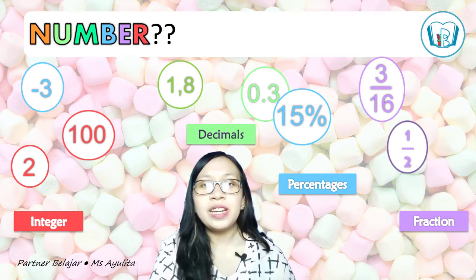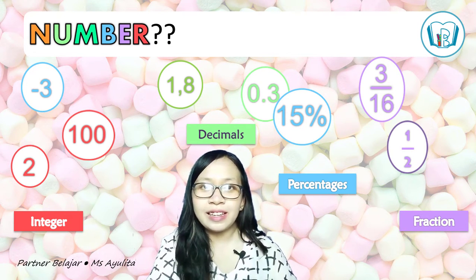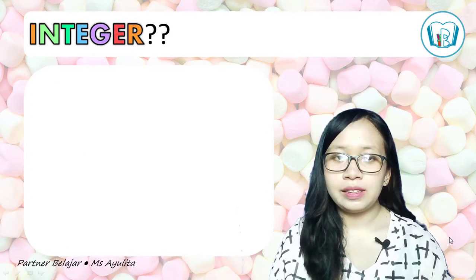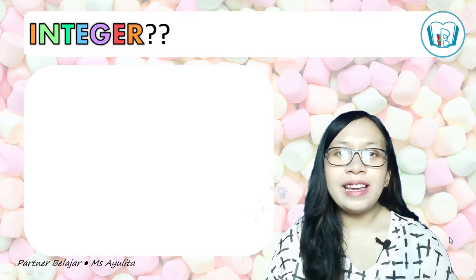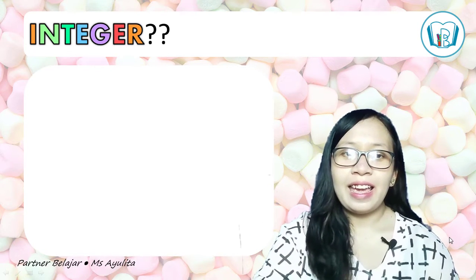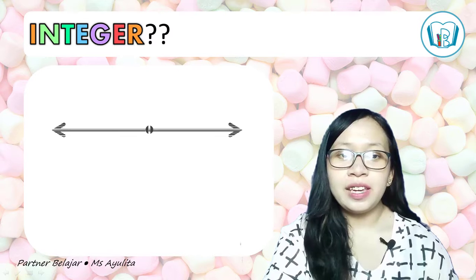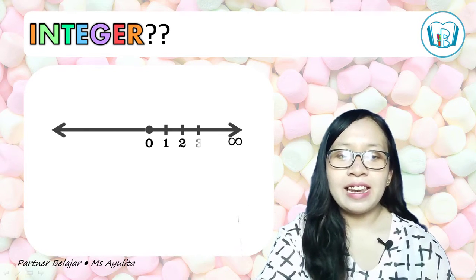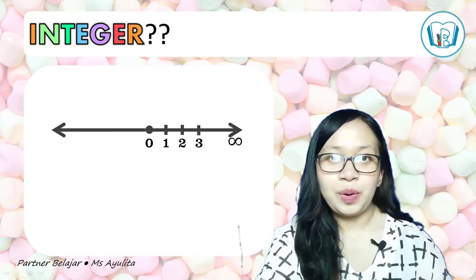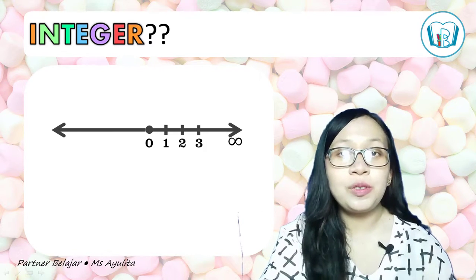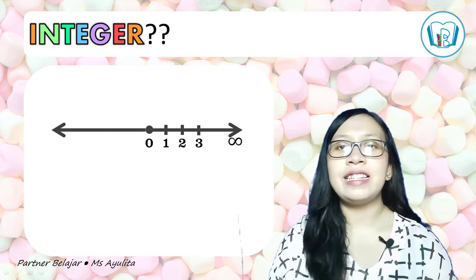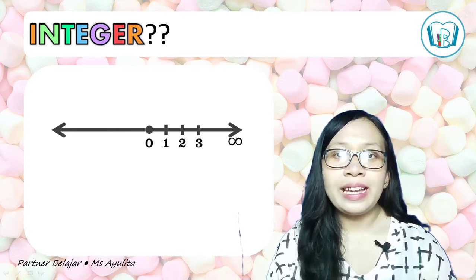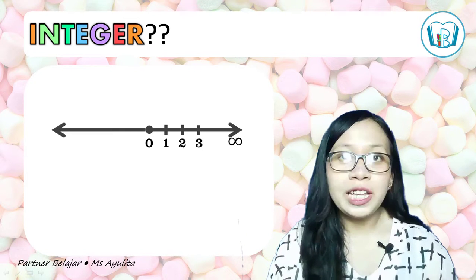Now we are going to learn about one type of numbers only. What's that? Integers. You are correct. Okay, so now what is integers? If you can remember, here we have a number line. Okay, and let's put the number. We have 0, 1, 2, 3, and so on until infinity. This number is some part of integers.